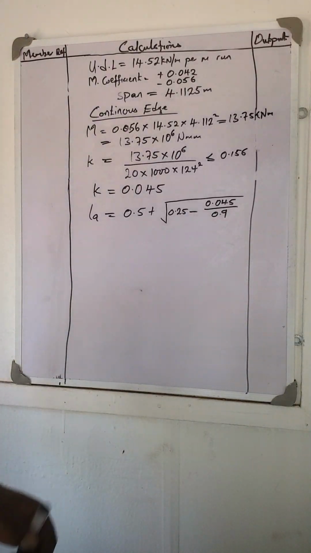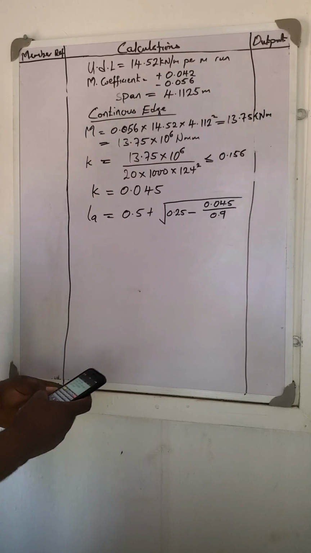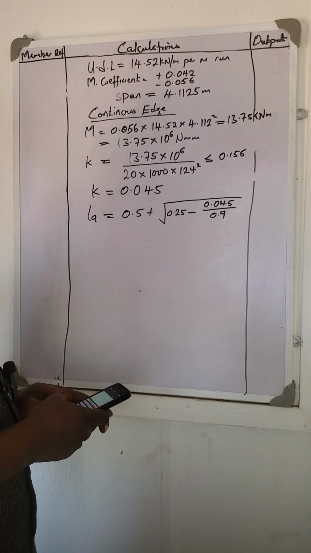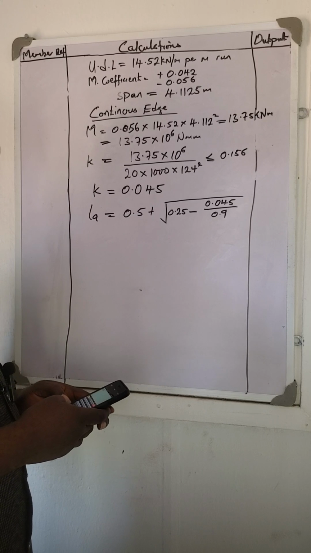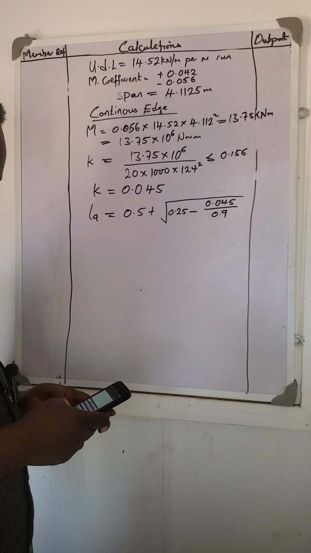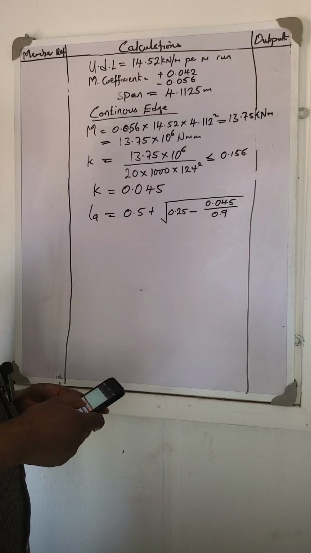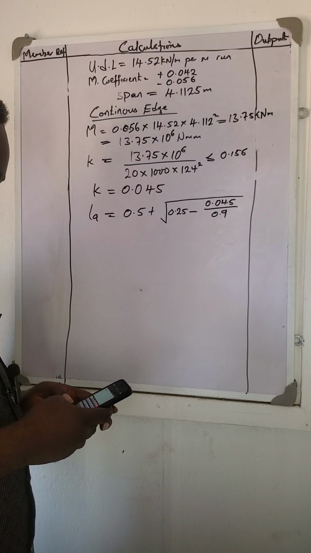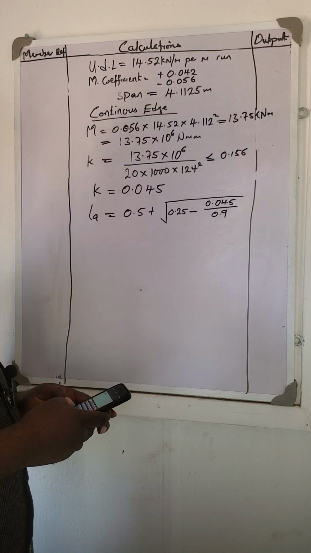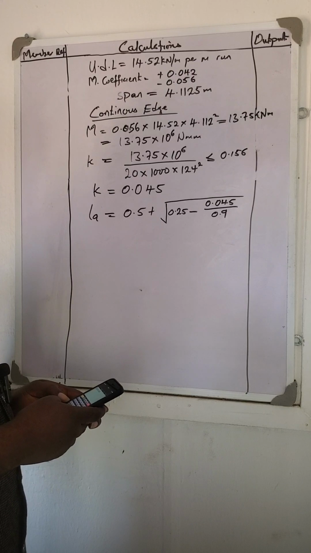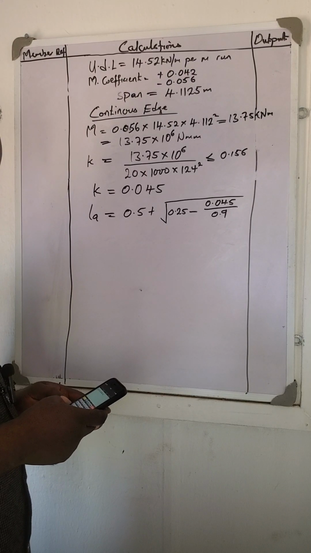So if you solve for this again, we are going to have 0.25 minus 0.045 divided by 0.9 under the square root.